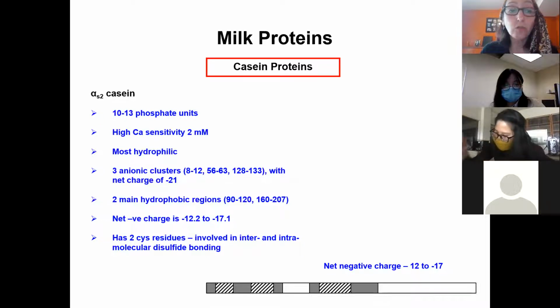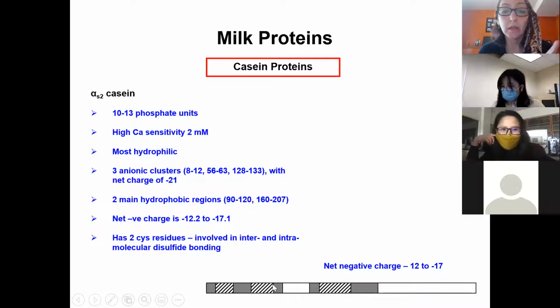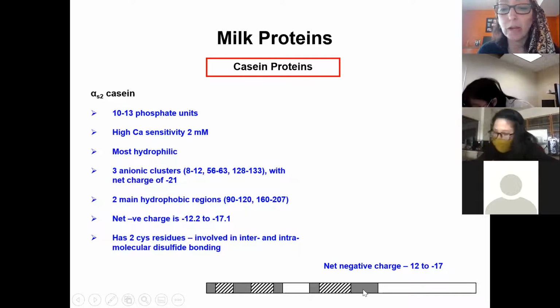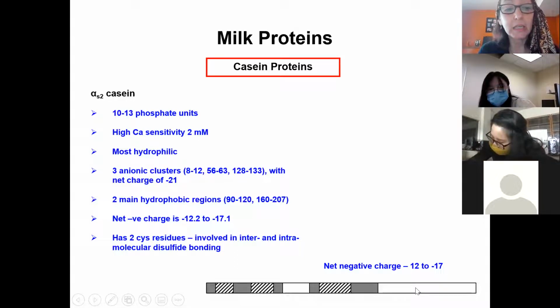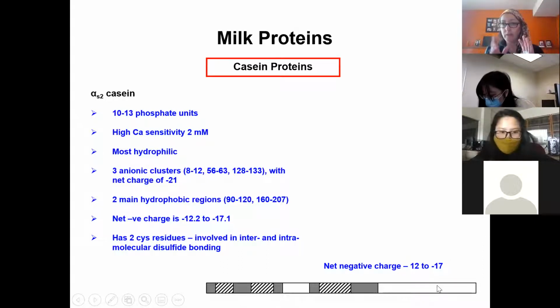It's the most hydrophilic because it's the most phosphorylated, that's one. And it has multiple regions that are negatively charged. So again, these lined regions are negatively charged, and the grayed out regions are hydrophilic. But the C terminal is highly hydrophobic. So it's still a very amphiphilic protein.